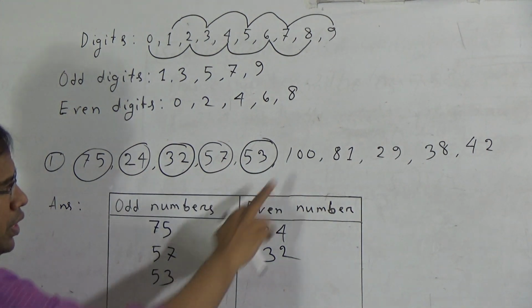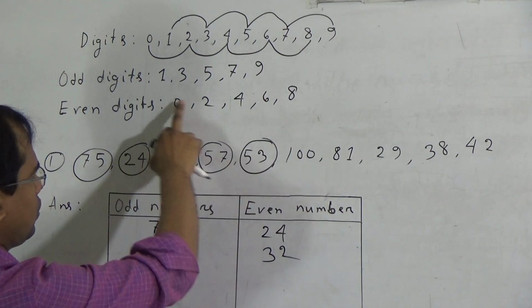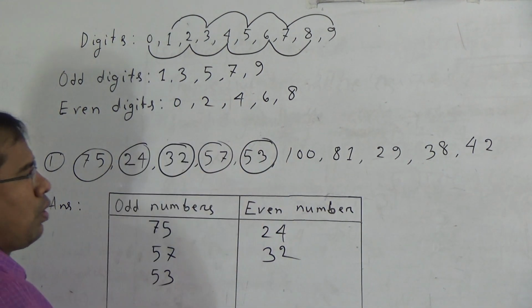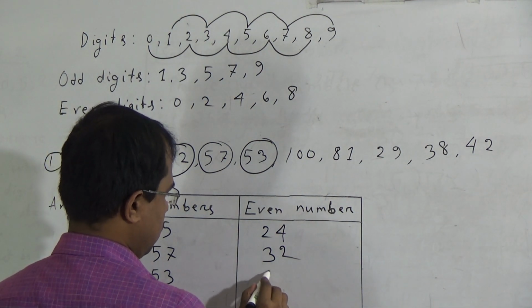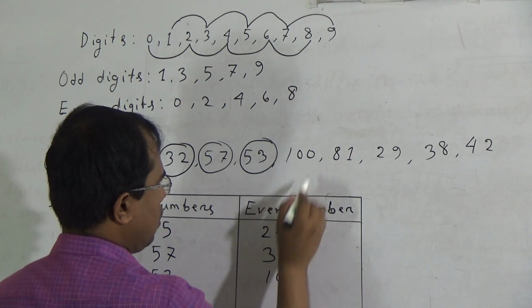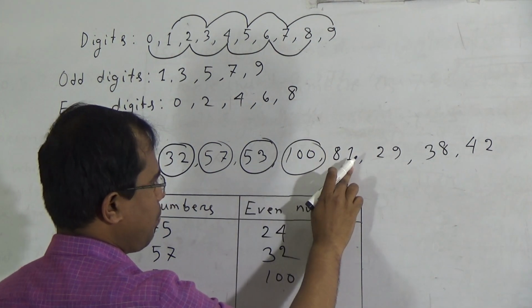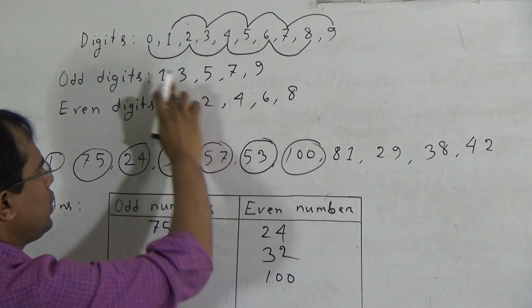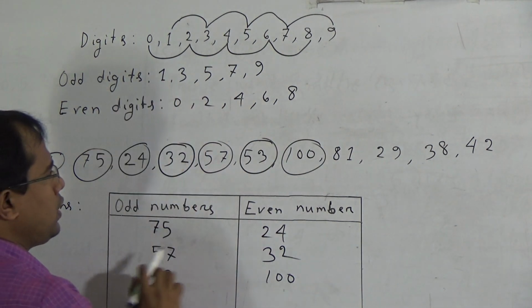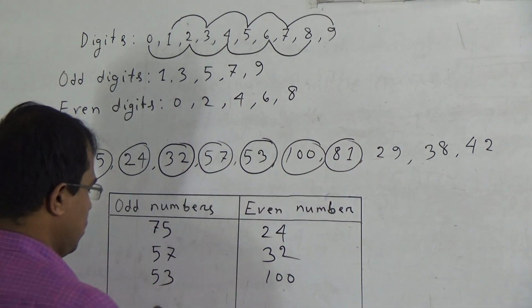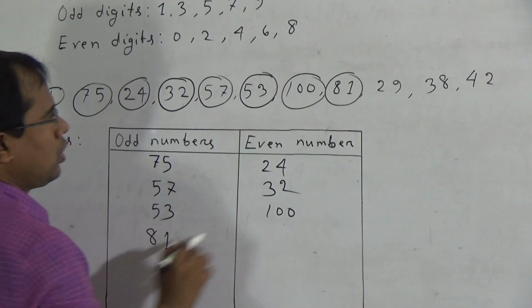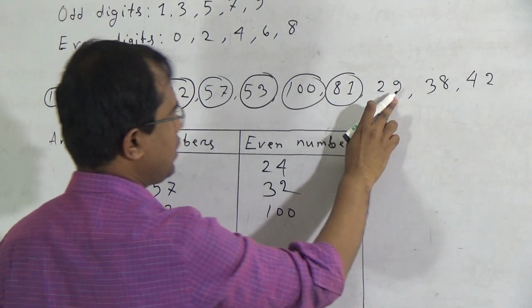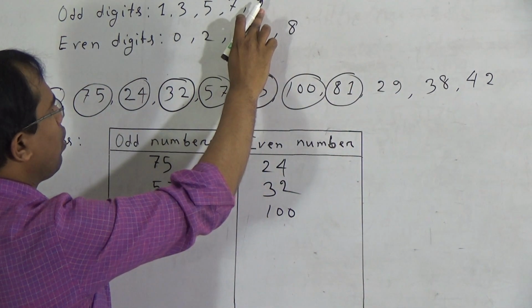Now 100. Here the ones place digit is 0, which is an even digit. So 100 will be an even number. Now 81. The ones place digit of 81 is 1, which is an odd digit. So 81 will be an odd number. Now 29. Here the ones place digit is 9, which is an odd digit.